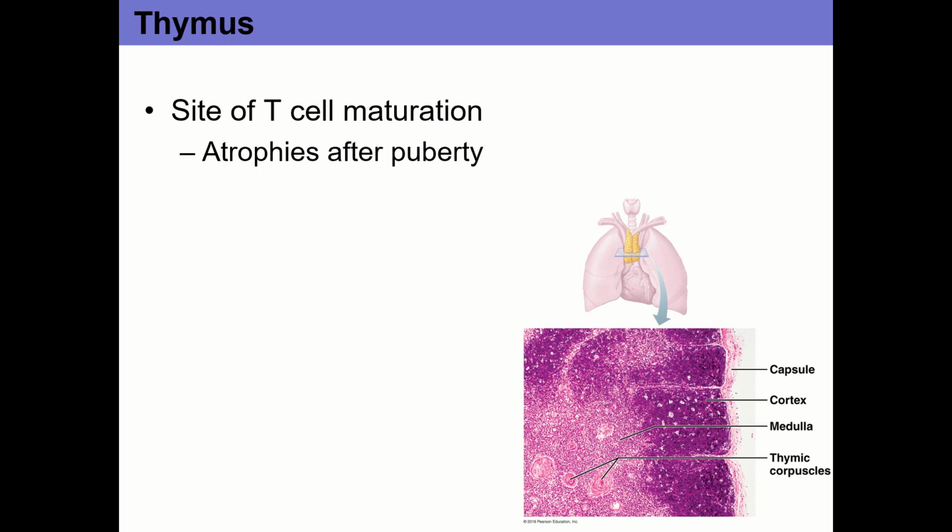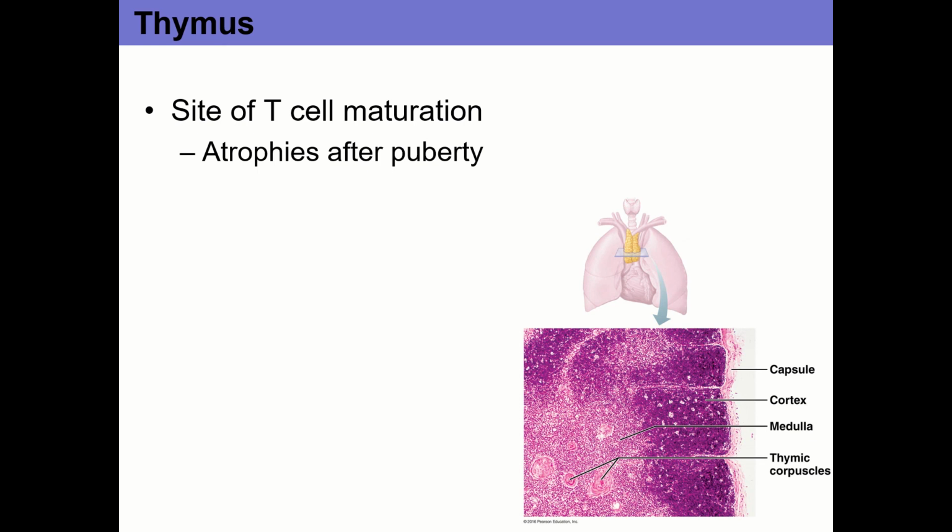So again, if it starts to atrophy after puberty, we're going to produce less and less mature T cells as we age, and so we're less able to attack those invading pathogens later in the lifespan. Now it continues to produce some, it doesn't totally go away, but because of that reduced number, we're just less good at attacking invading pathogens. So things that wouldn't be serious illnesses for us when we're 20 can be serious illnesses for us when we're 70 because of that reduction in the capacity of the immune system.